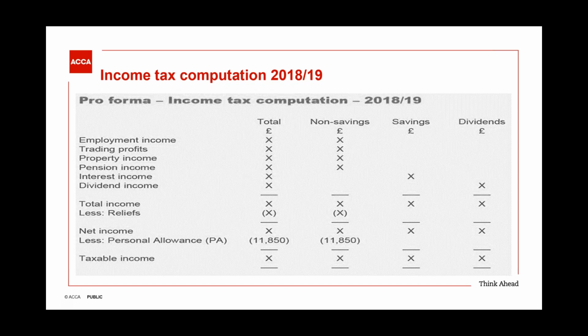Now, why do we have to categorize our taxable income under these three headings? It's mainly because there are different rules we have to apply depending on the category of income. For example, if you take savings income, there are some special rules that we must remember.